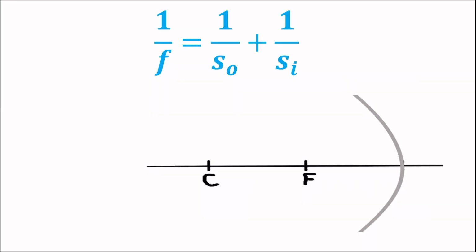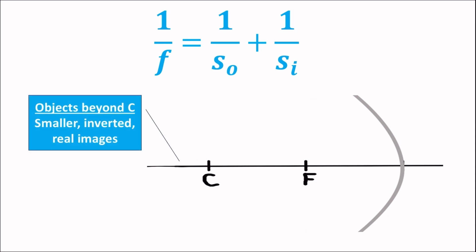For a concave mirror, the location of an object determines how big the image is going to be. If the object is placed beyond the center of curvature, it's going to produce a smaller image than the object is, and that image will be inverted and real.